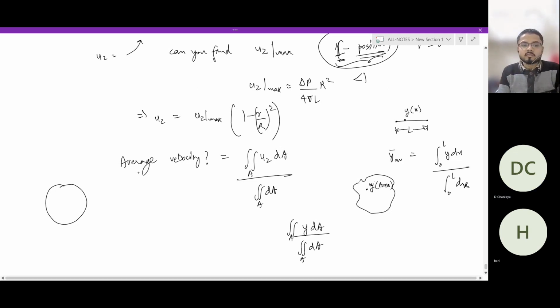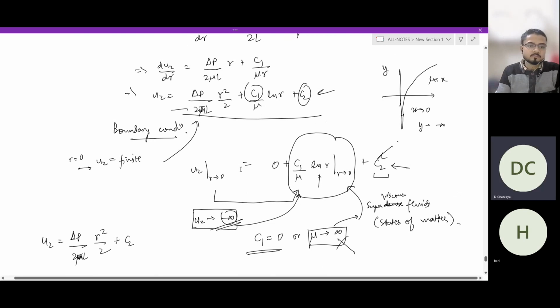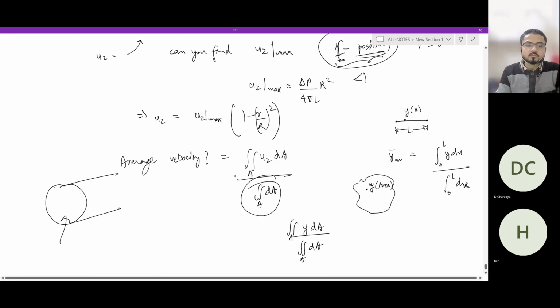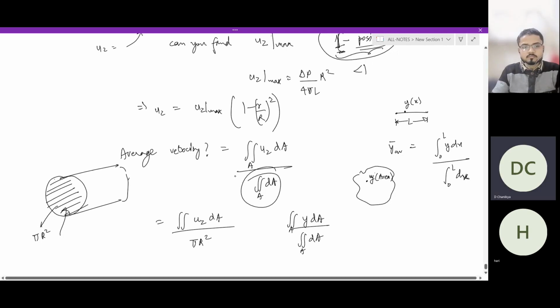Now what is the total area? Just look at the pipe, okay? This is the pipe, and the entire area of this cross section is pi R squared, right? Yes. So this becomes the integral of Uz dA over pi R squared.